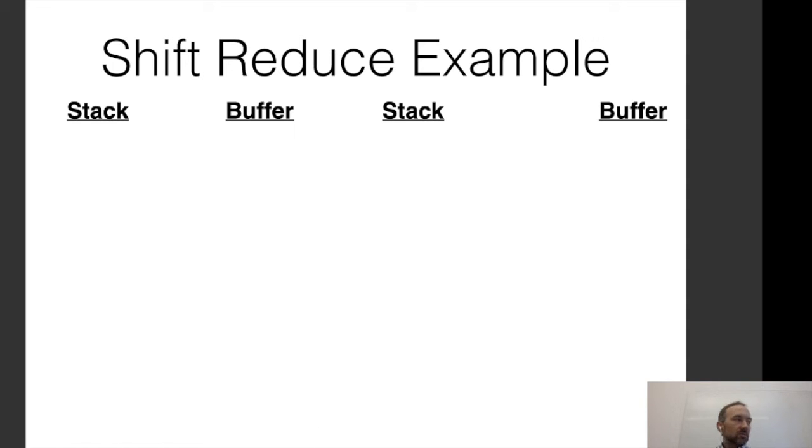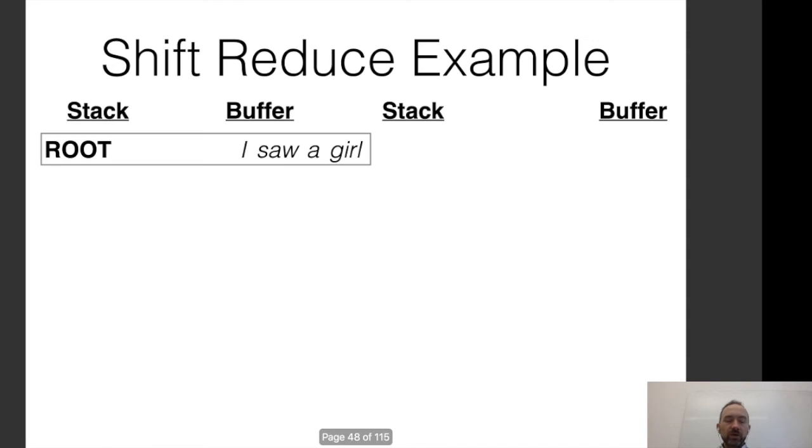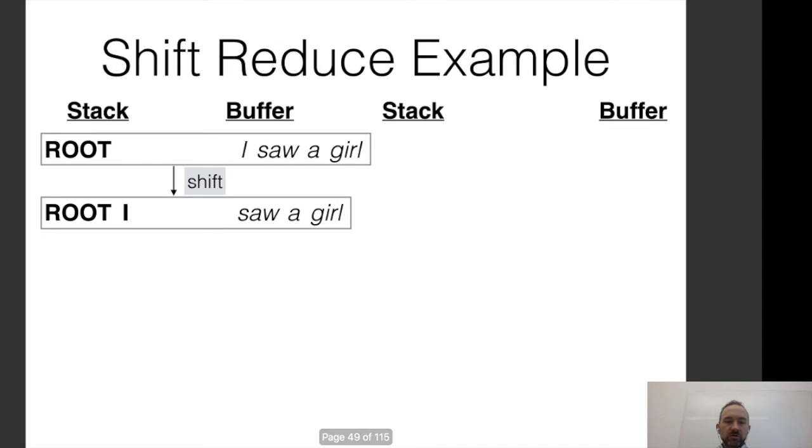So this is all very abstract, so let me give an example. We have a sentence, I saw a girl, so we first put this all into the queue or buffer. Sorry, I'm a little bit inconsistent in the wording here. We can call it the queue or the buffer. And we then take actions. So first we shift, and we shift I onto the stack.